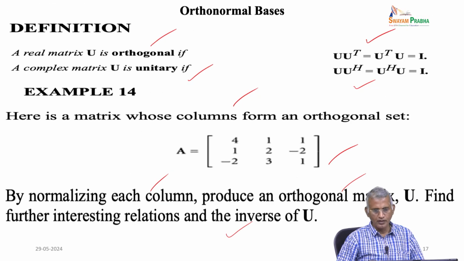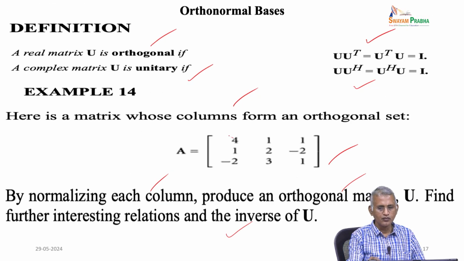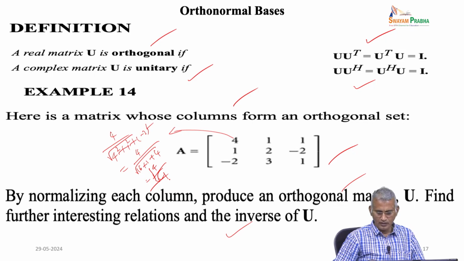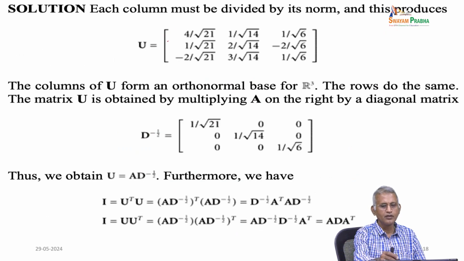You take 4, which can be written as 4 by root of 4 squared plus 1 squared plus minus 2 squared, that is 4 by root of 16 plus 1 plus 4, which is equal to 4 by root 21.